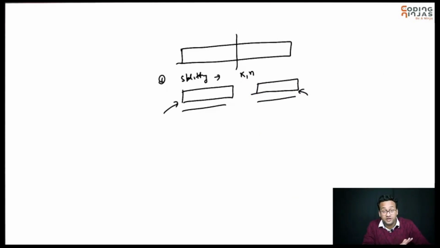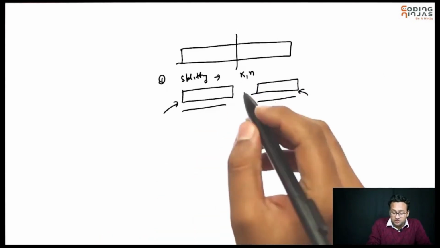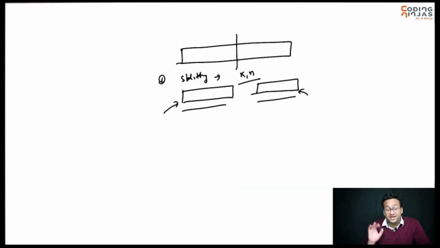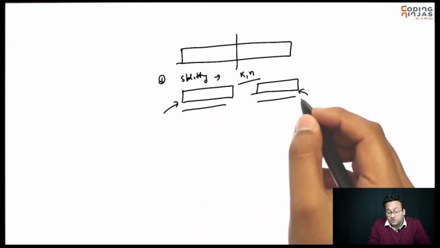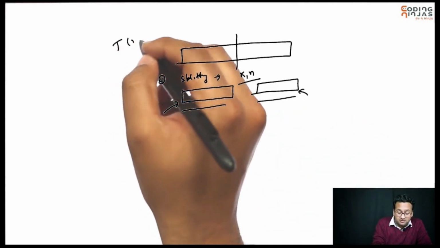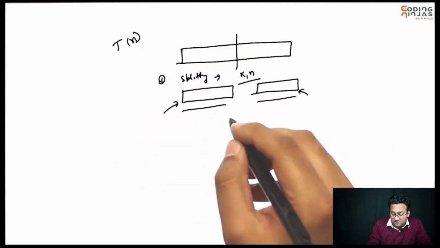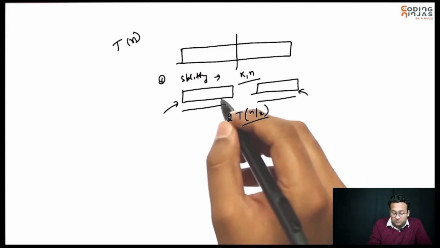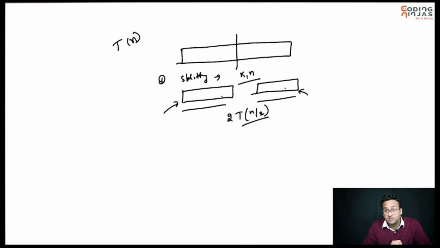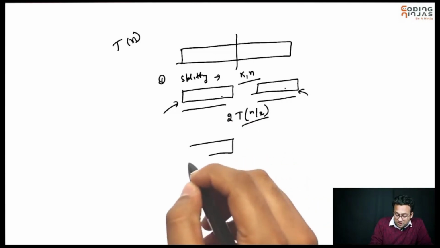This is not for free, you can't just split for free, you are copying n elements, that will take k1 into n work. Then you are calling merge sort on both of them. So the total time is T(n). To me it looks like this is 2T(n/2). T(n/2) work for this, T(n/2) work for this. So you have to do twice of T(n/2) work. This is the amount of work you will be doing. Now both of these are sorted.